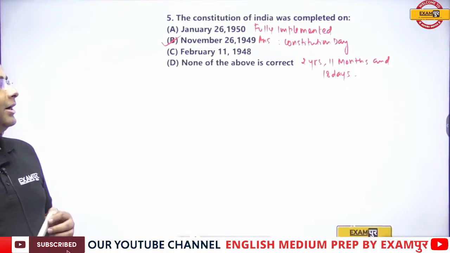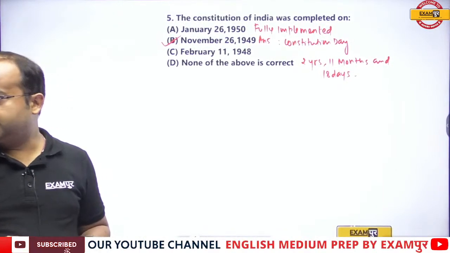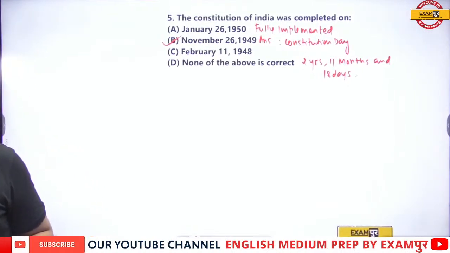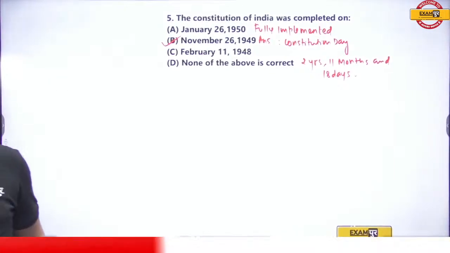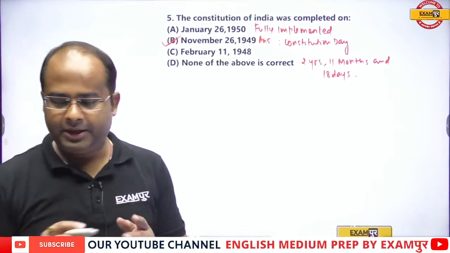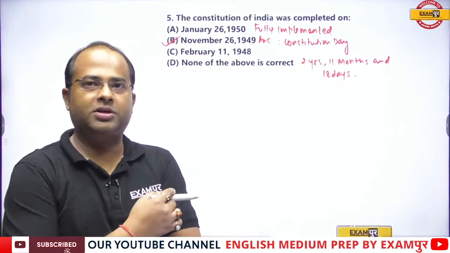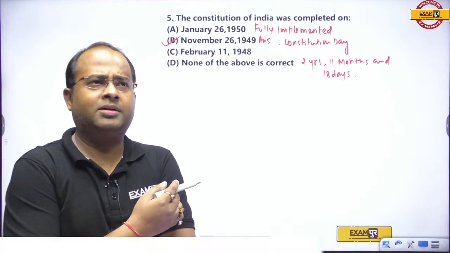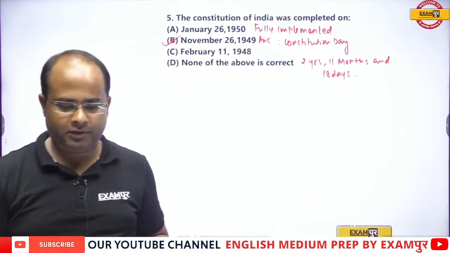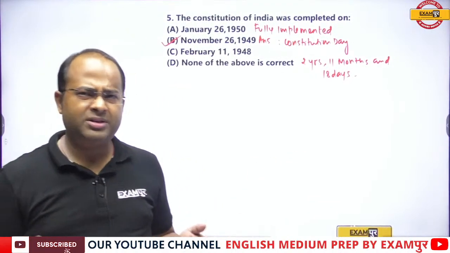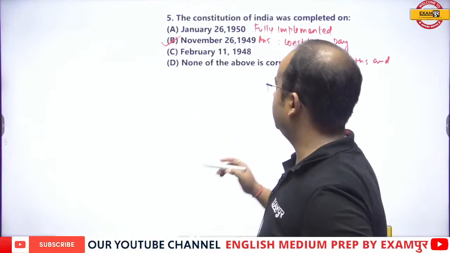Okay, at the time of the implementation of the Constitution, guys, when the Constitution was being implemented, we had 395 articles. Out of this, 15 were implemented on 26 November.